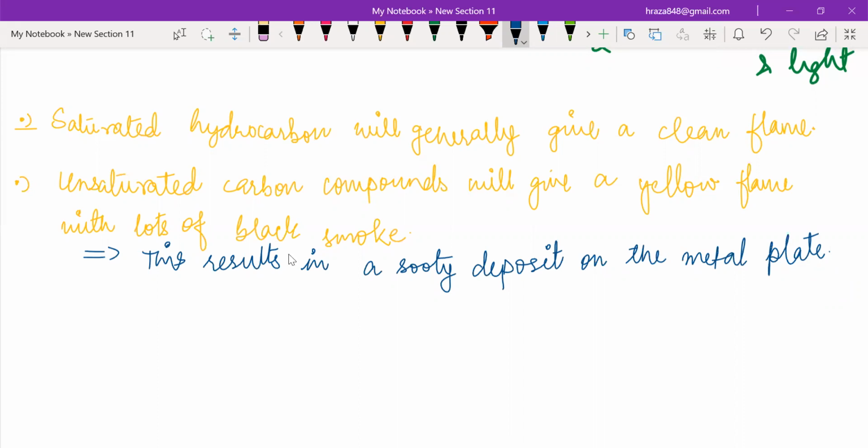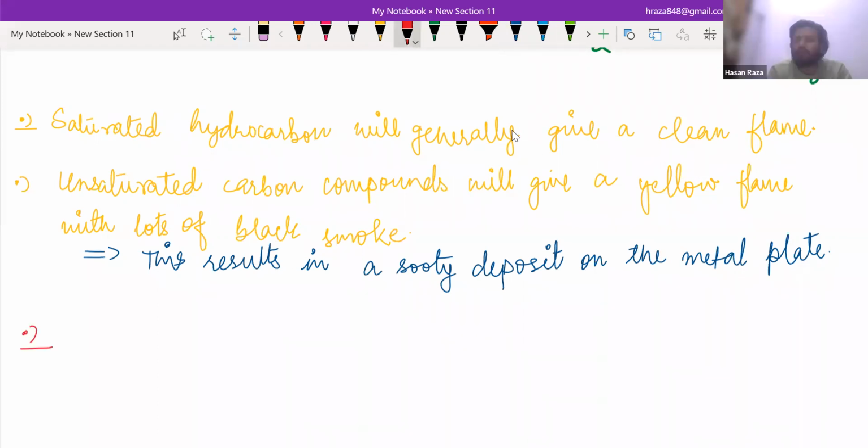There is another important point. A saturated hydrocarbon will give you a clean flame only if the supply of oxygen is enough. If the supply of oxygen is not enough, then there will also be deposition with saturated hydrocarbons.